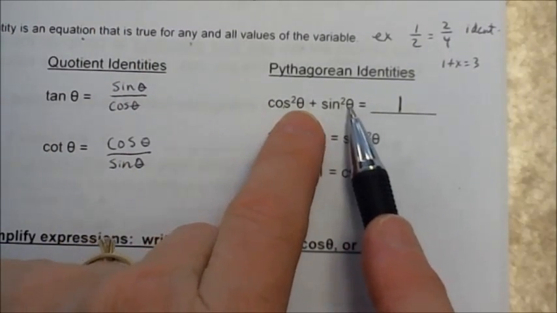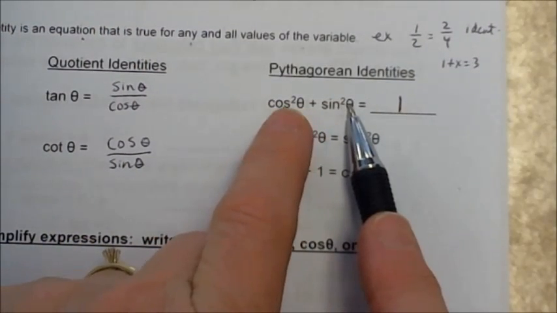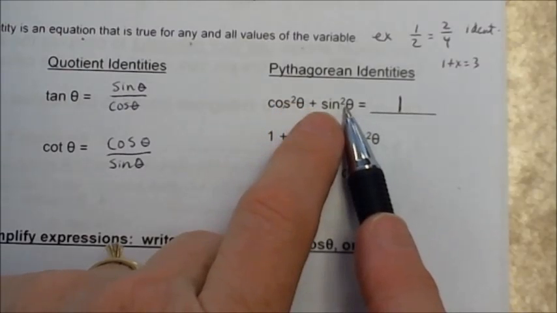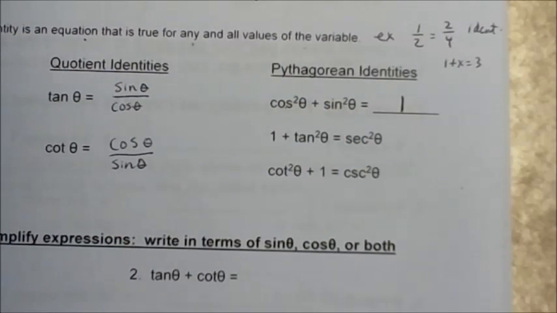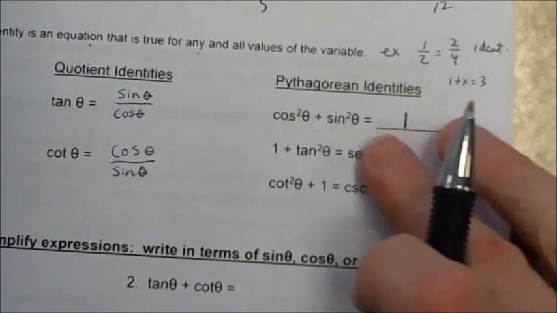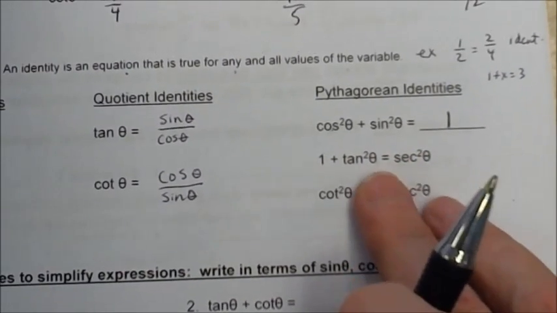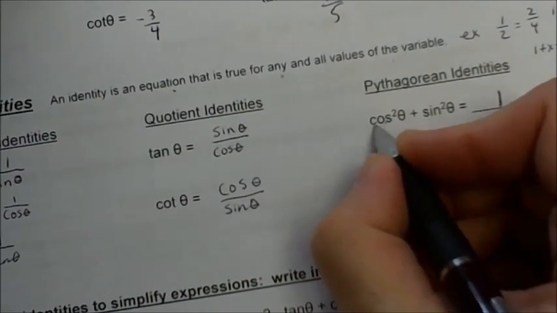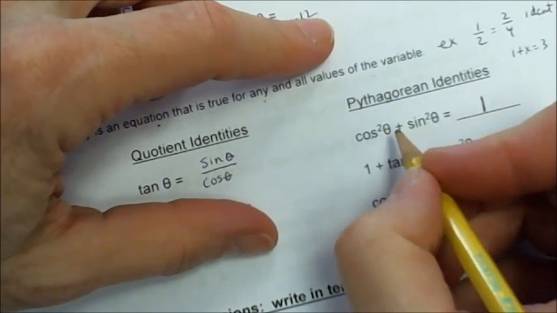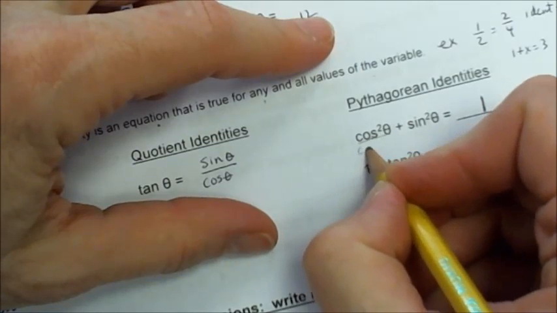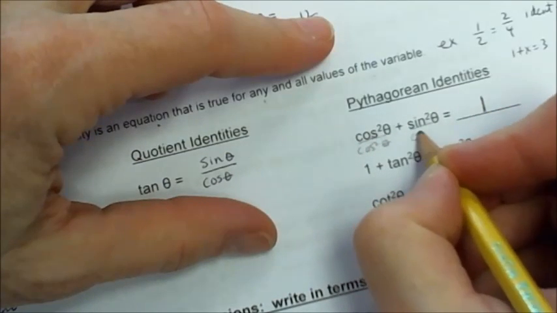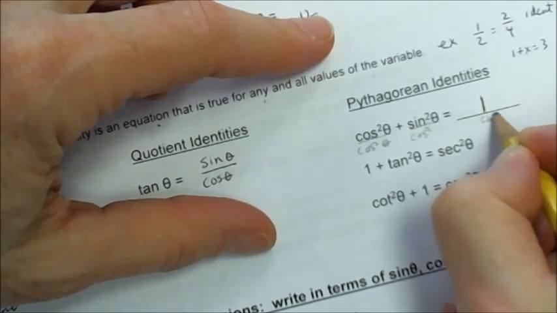No matter what those angles are, if you add the cosine squared plus the sine squared of it, it's going to be 1. And what you can do is divide everything out and get a similar identity. If you wanted to divide everything through by cosine squared, we're going to divide this by cosine squared, this by cosine squared, and this by cosine squared.